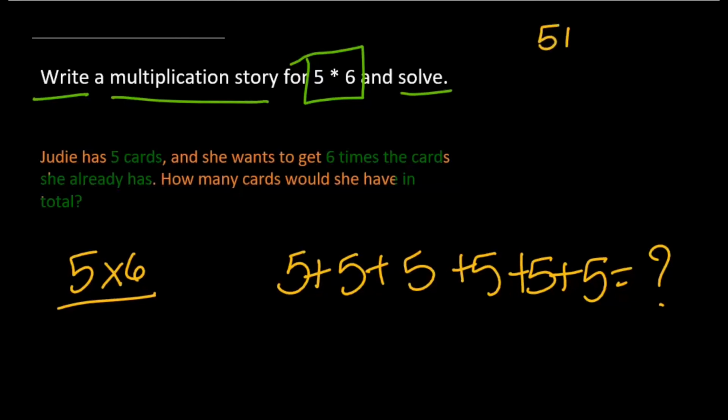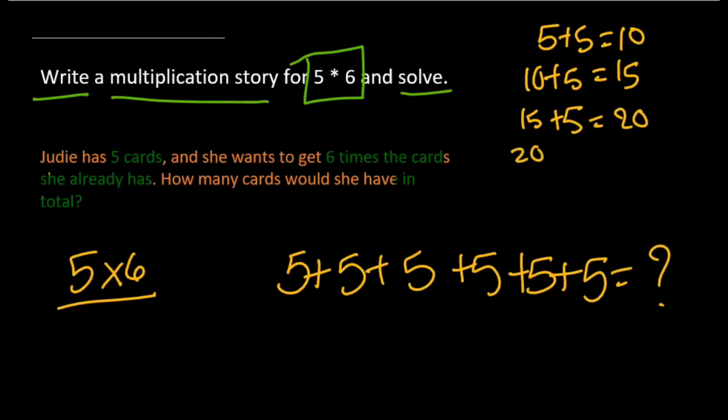So 5 plus 5 is 10. 10 plus 5 is 15. 15 plus 5 is 20. 20 plus 5 is 25. And 25 plus 5 is equal to 30. So our answer is 30.